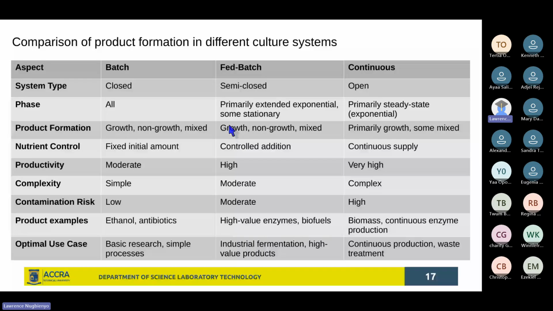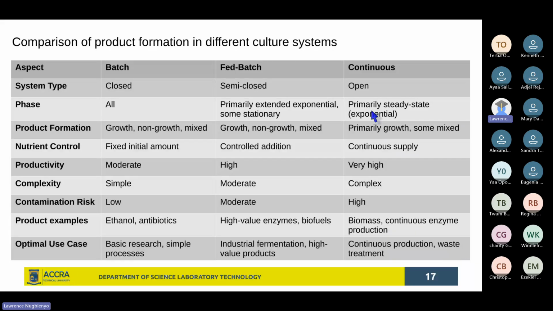Reproduction increases, and once reproduction of the cells increases, then the growth of the cells, that period, is also extended. And at the same time, that affects the stationary phase, because once you have more cells being produced in that exponential phase, then of course the stationary phase is also going to extend. And so you have some of the products produced in the exponential phase and some of it in the stationary phase.